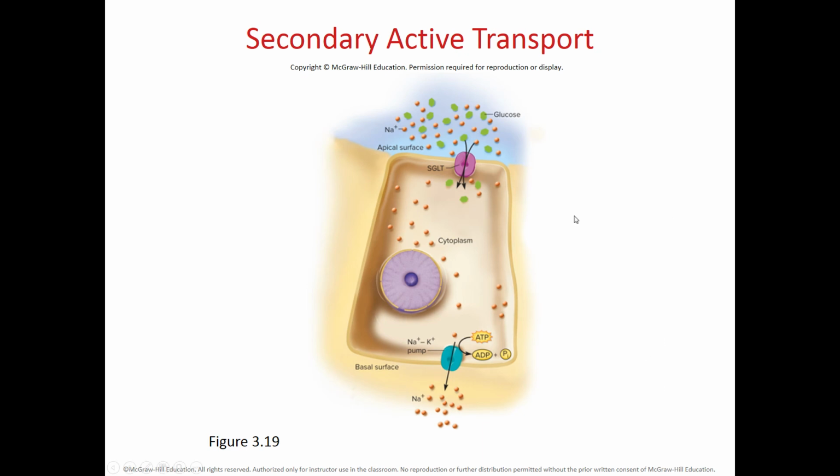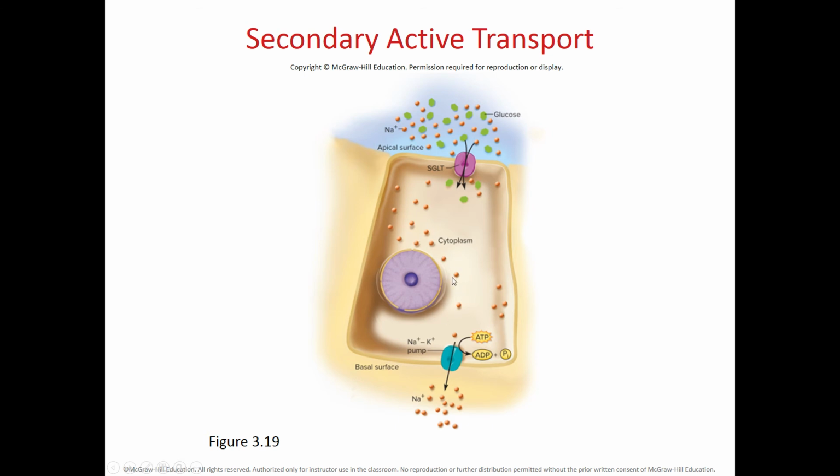So this is how we have this coupling of the sodium-glucose cotransporter in the kidney cells and the sodium-potassium pump at the basal side of the cells. As you are transporting sodium and glucose into the cells at the same time through this symport, glucose in green and sodium in orange, you increase the concentration of sodium inside the cells.